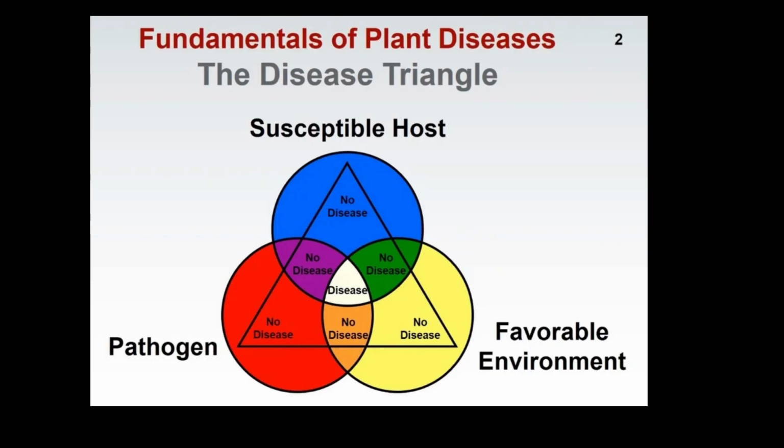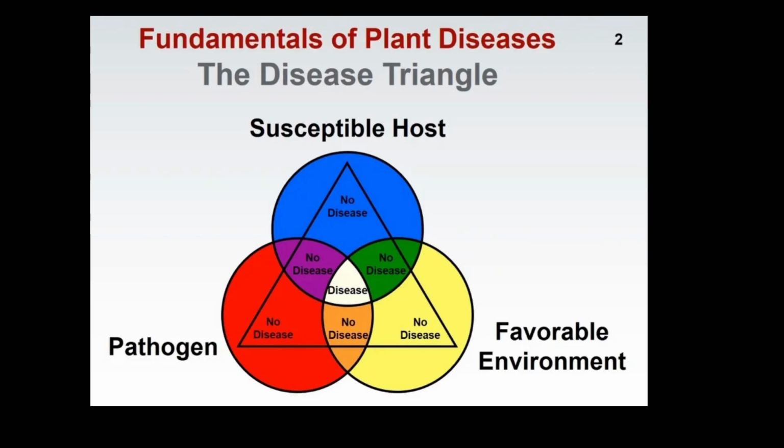Blue is the susceptible host, red is the pathogen, and yellow is the favorable environment. So even though a susceptible host is present, if a favorable environment is not present, or a virulent pathogen is not present, even then the disease is not going to affect the plant.